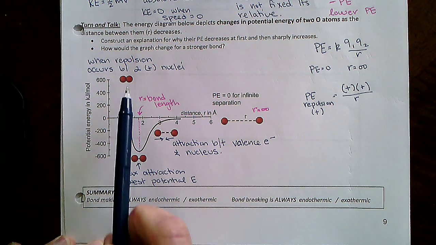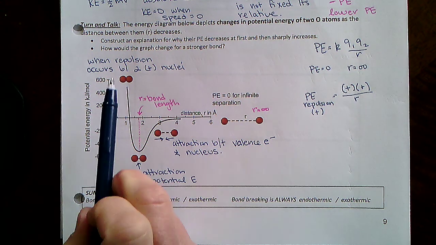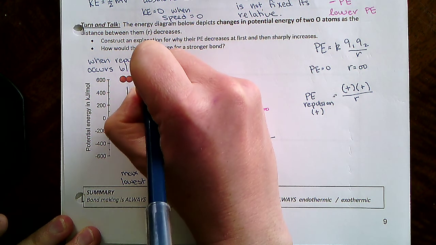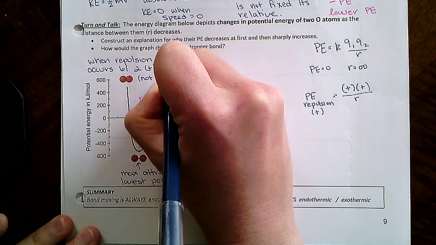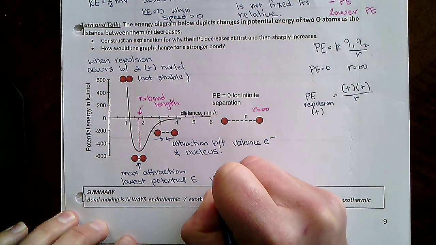That's why you get this sharp increase in potential energy. So high potential energy, this is a state that's not so stable. Down here, very stable.